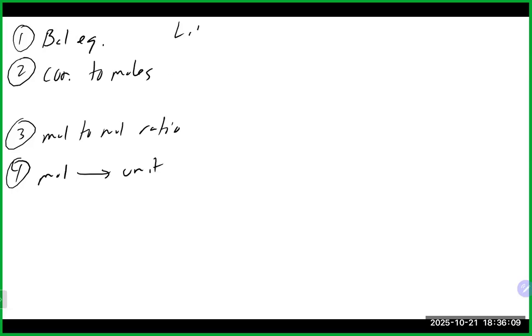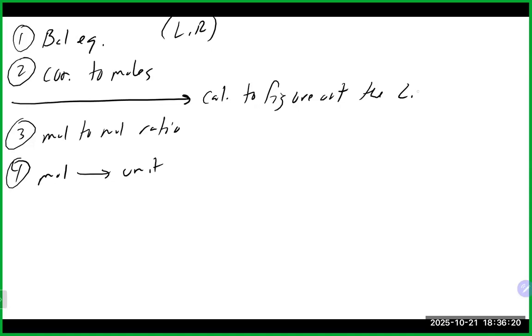Now, if you're doing a limiting reagent problem, right about here, you will have to do a calculation to figure out the limiting reagent. And then once you do, you will continue on with the calculation with the limiting reagent. So right about there, you could do a little calculation to figure out which one's the limiting reagent, and then you could continue on with it. So that's one way you could do it. And let's take a look here.